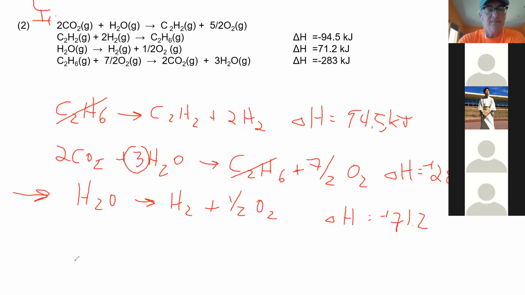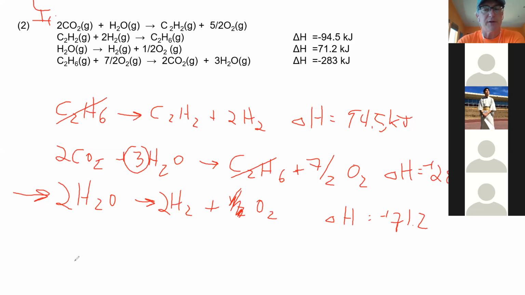So what should we do with that last one? I was gonna multiply it by 2. Yeah, that makes sense. Okay, so if we multiply it by 2, this becomes 1. Now we've got 5 waters as reactants and 4 hydrogens as products.